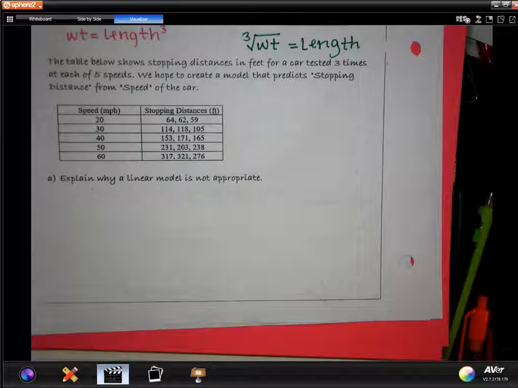The scatter chart in this case actually looks pretty linear. It does. But if you look at the residual plot, it doesn't, it follows that curved pattern.